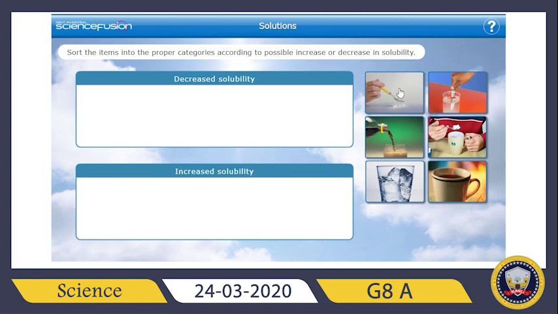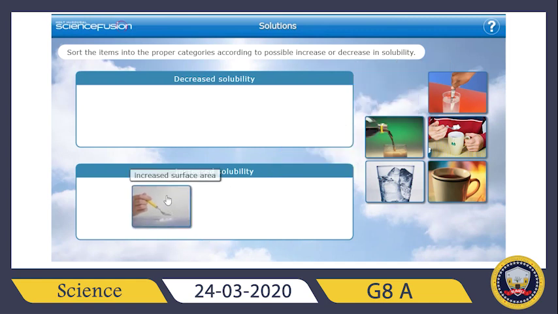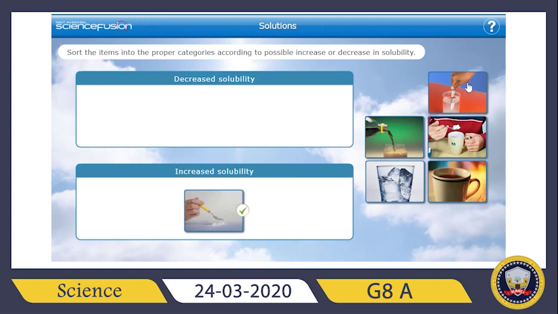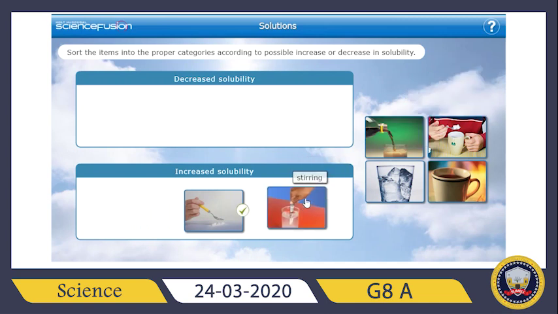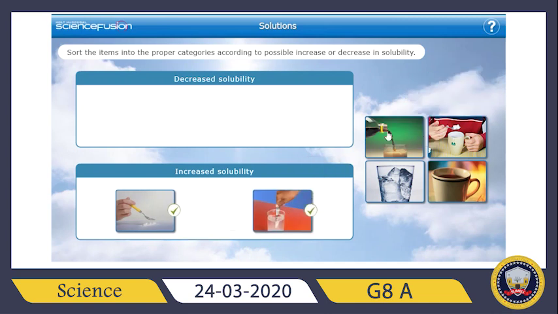So if you want, you can pause the video and try to solve it by yourself, then just use my answers. So if I increase the surface area, we say that we are increasing the solution rate, we are increasing the solubility. If we stir our tea with a teaspoon, we are increasing the solubility again. Lower pressure.